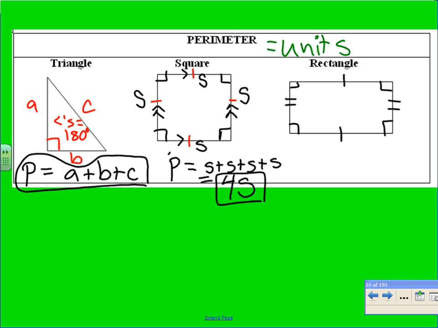Now, a rectangle we're going to label as length and width. Okay, length and width. So how could we make a simplified formula for finding perimeter of a rectangle? Sean? Awesome. Yep.